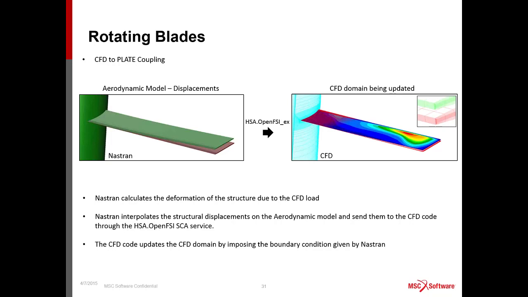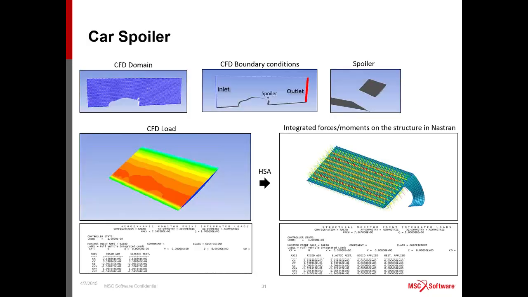When we employ the HSA OpenFSI X interface in order to make the entire CFD domain deform, as you can see, like in the other case, the CFD deforms during the simulation thanks to the aerodynamic displacement obtained by the solution by Nastran.